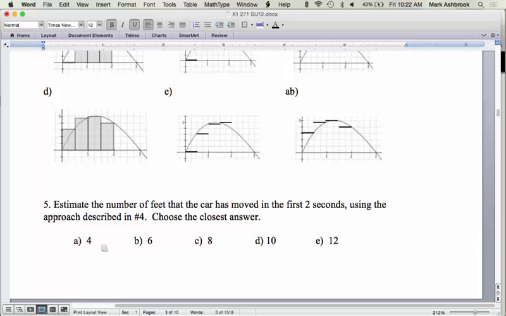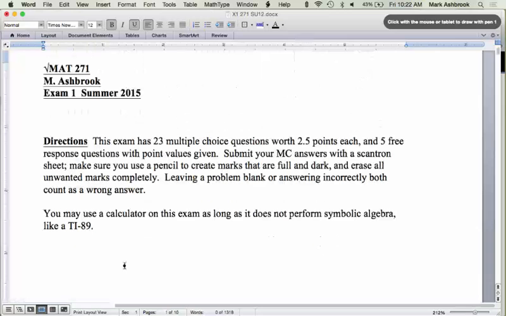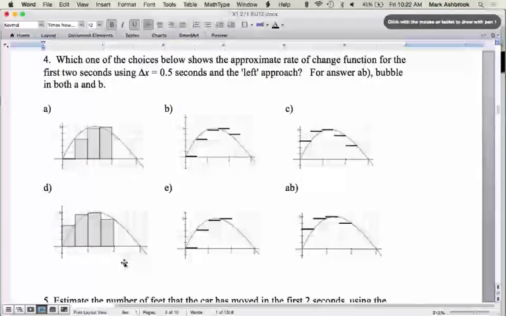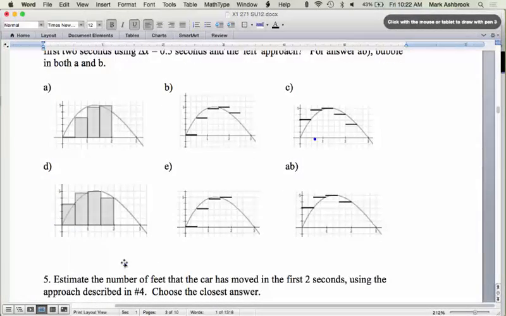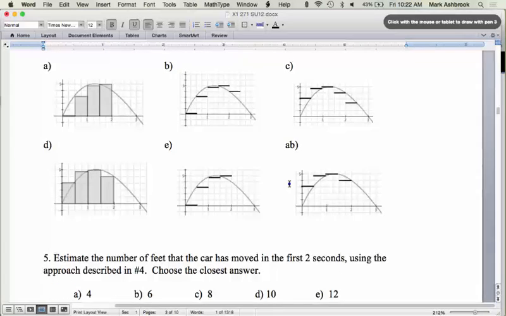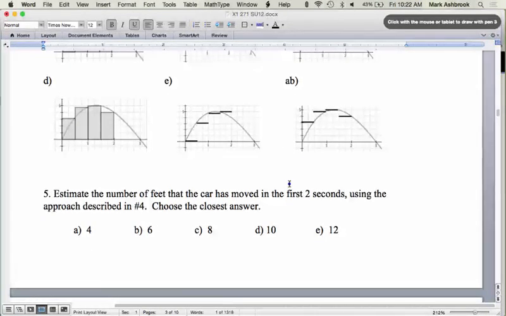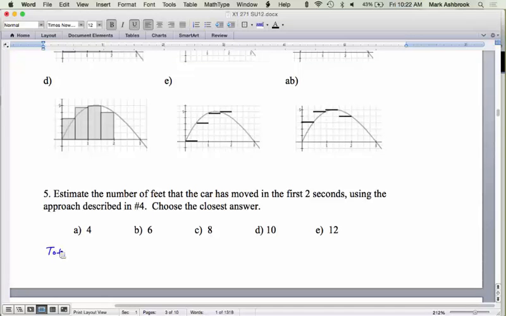And so remember we said that the total change given the rate function is going to be the sum of the many bits of change.